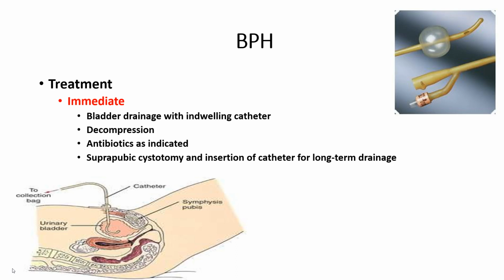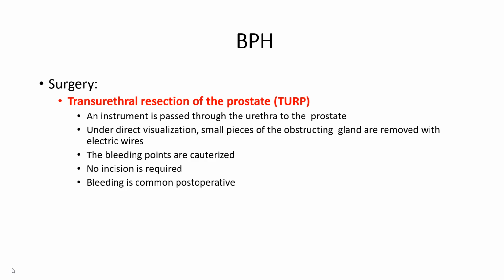Also, we're looking at the suprapubic cystotomy and insertion of a catheter for long-term drainage. So that would be something else that can be used as well. Also, another treatment, they call it TURP, which is a transurethral resection of the prostate.